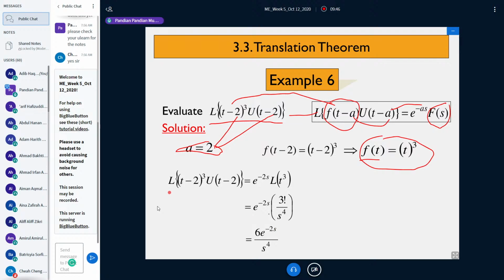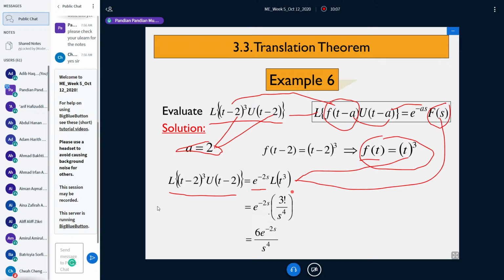So now Laplace of (t-2) cubed u(t-2) equals e power minus 2s, so your a is 2, and this F(s) is Laplace of t cubed.